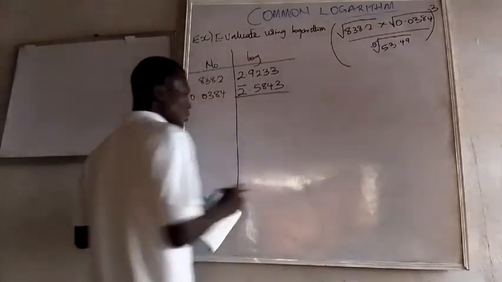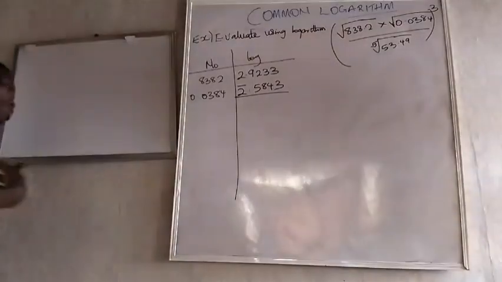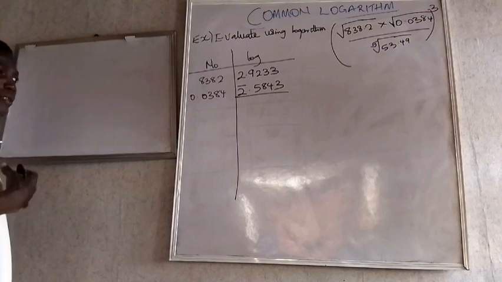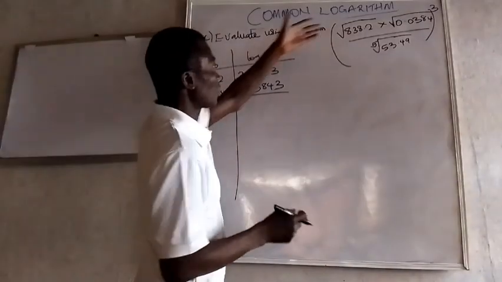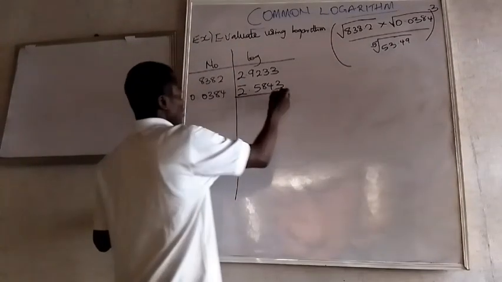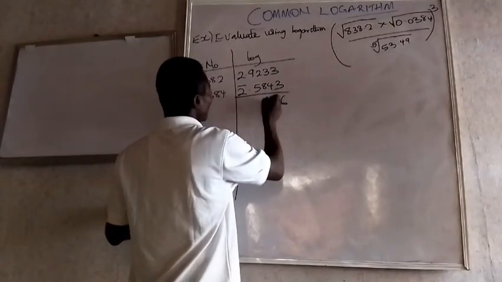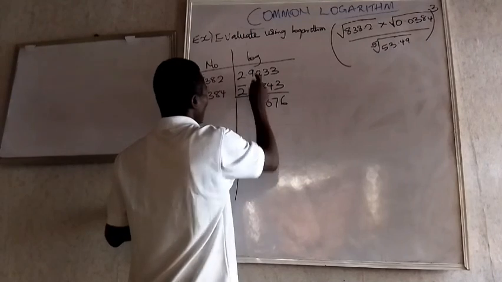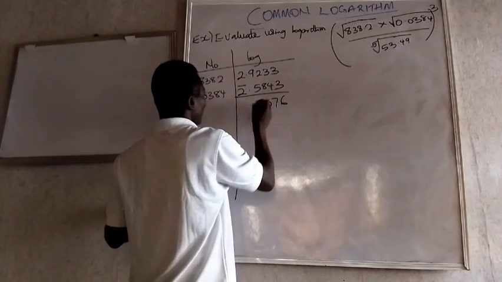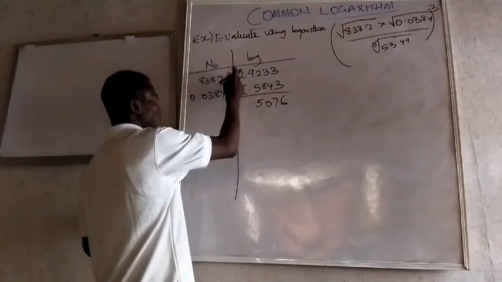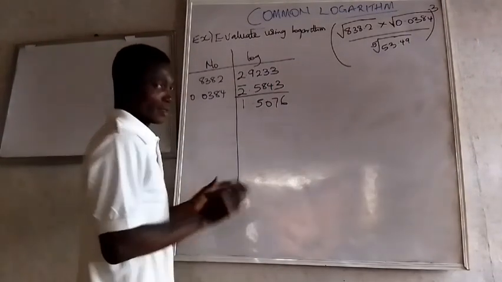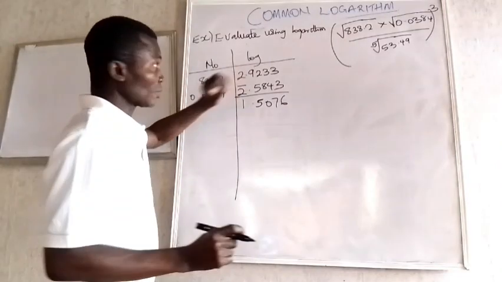Please note, as you are doing this, you must have confidence that you know what you are doing. That's why you need to practice very well. Since we are multiplying, let's add. We are bringing one from this place to this place. That is, we are working the numerator.